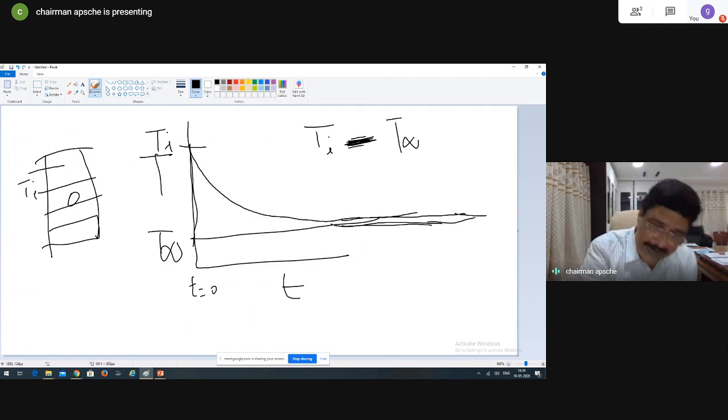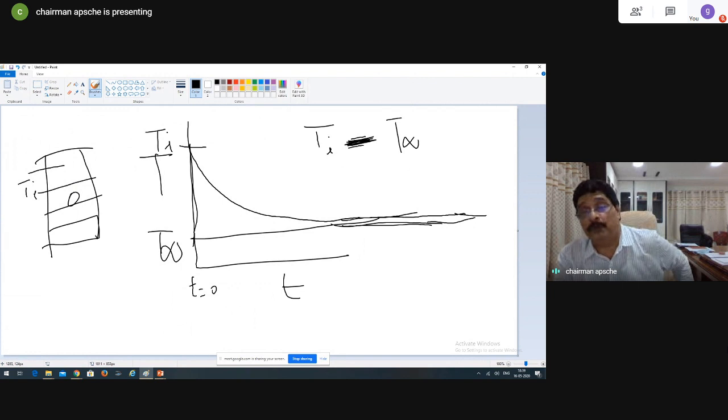The moment I introduce the thermocouple into the fluid, the thermocouple should reach the fluid temperature immediately, because the digital display immediately gives the temperature recorded by the thermocouple. Now, by the time it indicated the temperature, the question is whether this thermocouple has reached the fluid temperature.